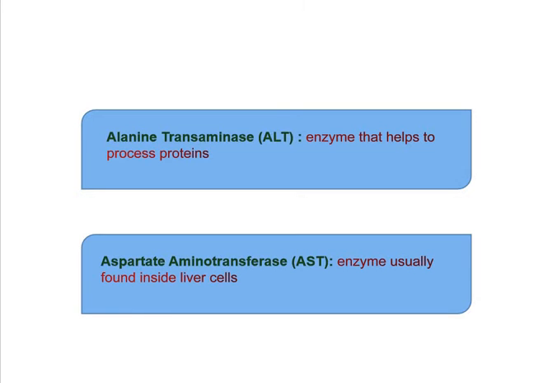Now the second test is aspartate aminotransferase, denoted as capital AST. This is another enzyme usually found inside the liver cells.